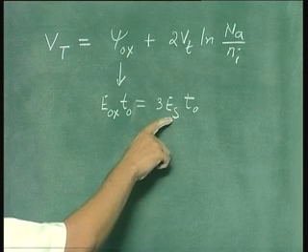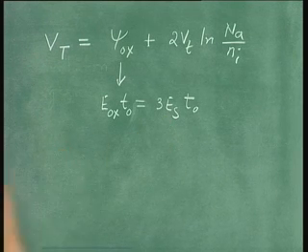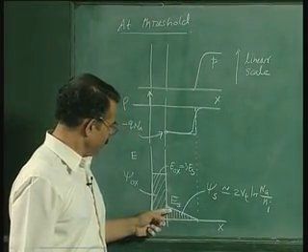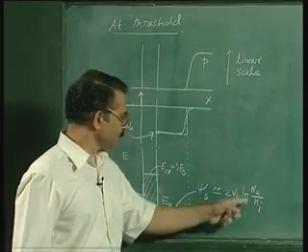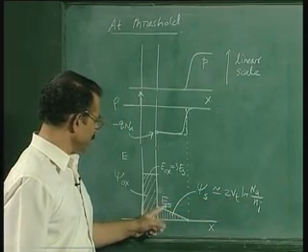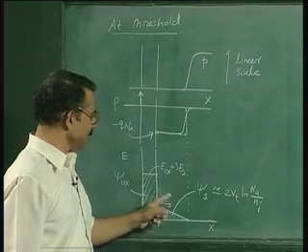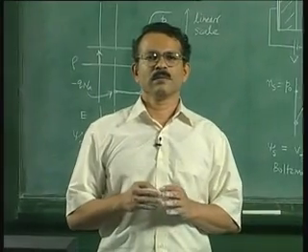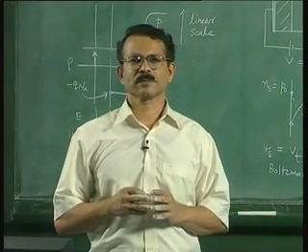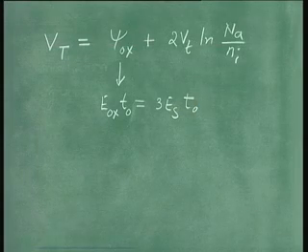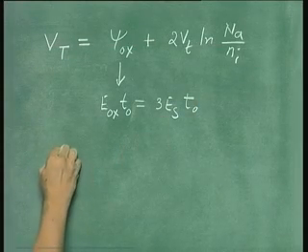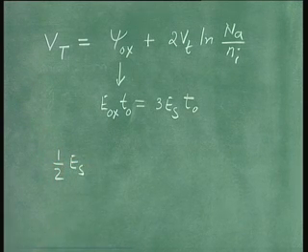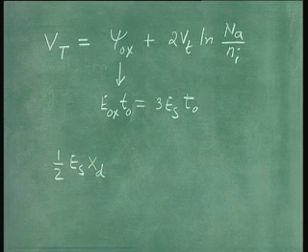And for Es you have a relation. This area is 2 times Vt ln Na by Ni, but this area we can write in terms of Es and doping level itself, using our analysis that we did for the p-n junction. So for Es your relation is half of Es into the depletion width xd.